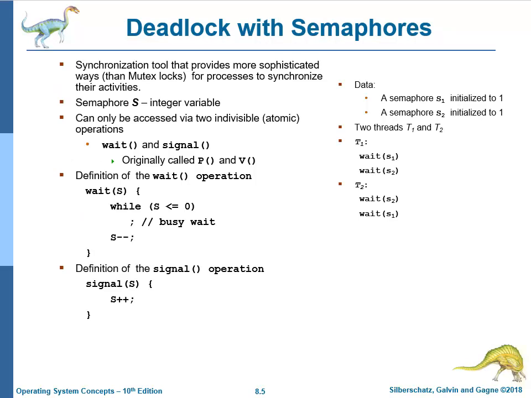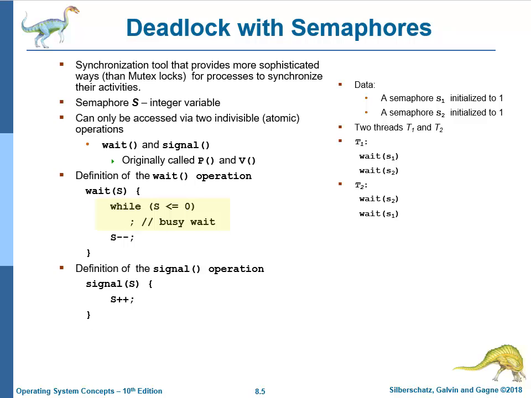Let's take a look at deadlock with semaphores. Let's first review what a semaphore is. A semaphore is an integer variable and has two atomic operations, wait and signal. In the wait method, we have a while loop while that integer is less than or equal to 0, and we see there's a semicolon after the condition.